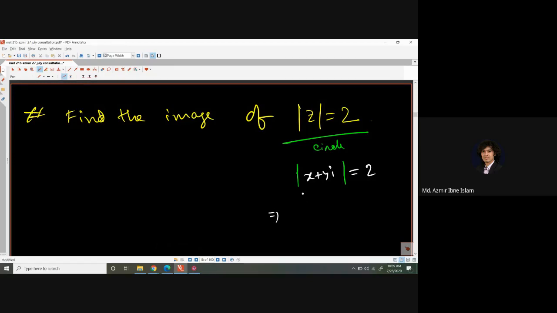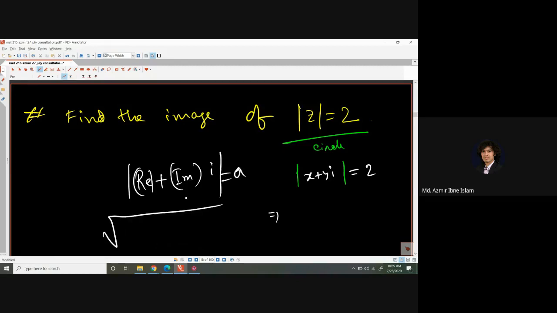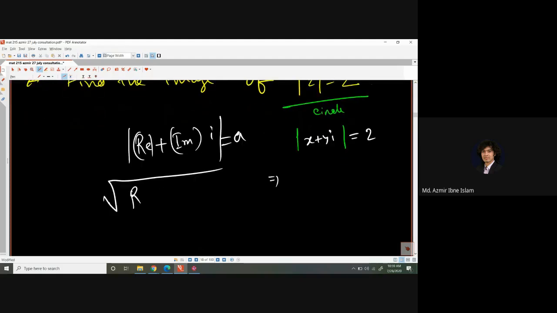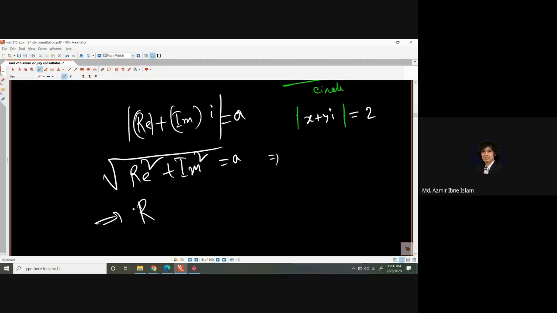So after this part, if we have the modulus of a real part plus imaginary part, that means we have the a plus bi form, x plus yi form equal to something. So this absolute value is the same as the square root of real squared plus imaginary squared. And then in the next statement, you have to remove this square root by squaring both sides.